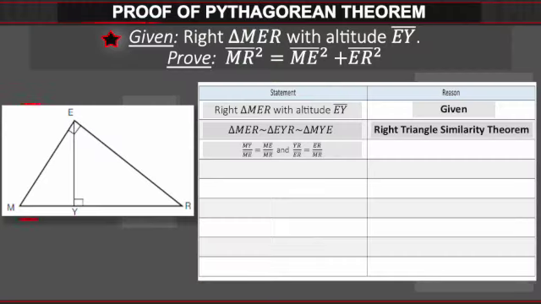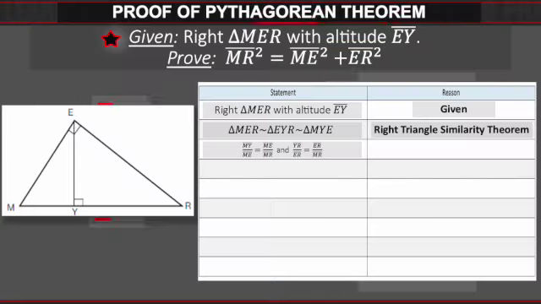Next, since they are all similar, we can give this kind of statement: MY over ME equals ME over MR, and YR over ER equals ER over MR. We call that the special properties of the right triangles.